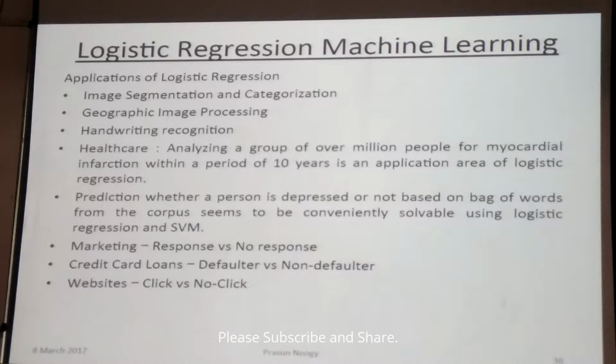Common applications: image segmentation and categorization, handwriting recognition, healthcare, and predicting whether a person is depressed or not based on bad words in the corpus. How is this done? Say I keep posting on Facebook, 10 today, 5 tomorrow.